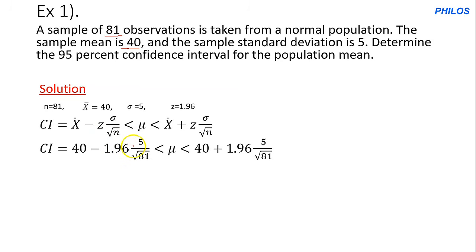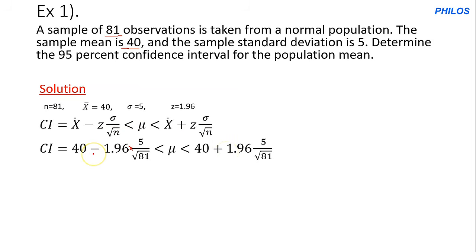Then times, there should be a multiplication here, okay? So times standard deviation, which is 5, divided by square root of N, and our N is 81, so we substitute 81 here, less than mu, less than. Now, everything you've written here, you repeat the same thing at the other side, but this time around, it should be a plus, okay? This place is a minus, and this place is a plus, that's the difference.